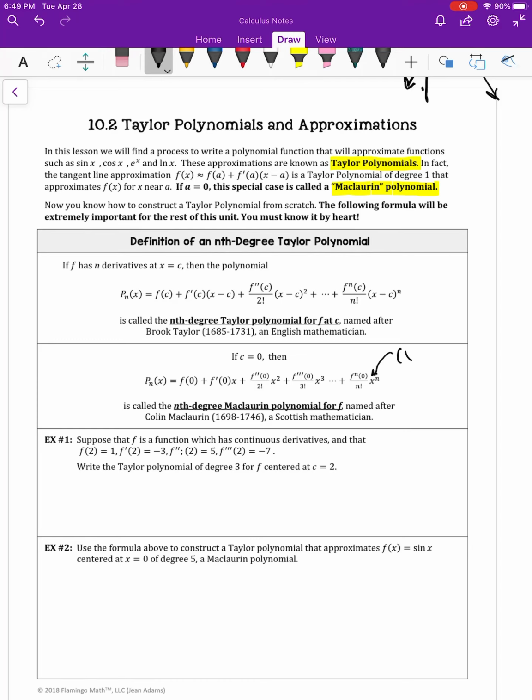So the only thing that changed is right here: the x minus 0, because my c is 0, just becomes x. So that's the only thing that changes. I want you to notice that the number of the derivative, you're always dividing by that number's factorial, and you're taking x minus c to that power.